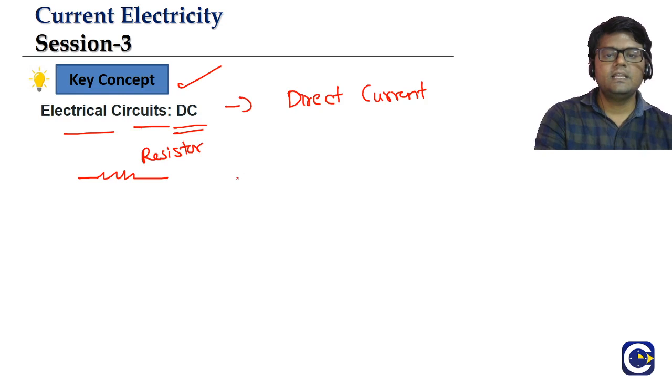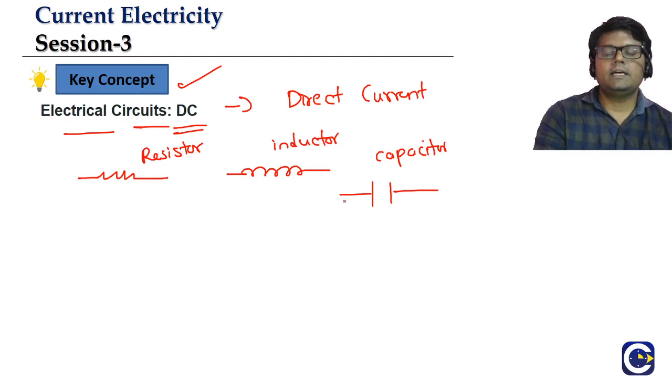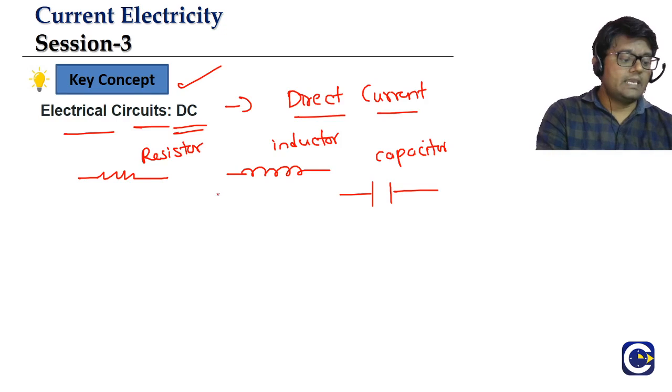Then later we will also learn about more components like the inductor, and in the first chapter we talked about a component called a capacitor. So in DC circuits, we can have a resistor, an inductor, and also a capacitor. All these are possible components of the DC electrical circuit.